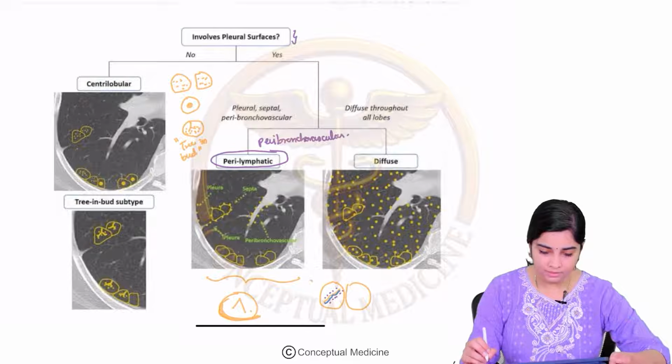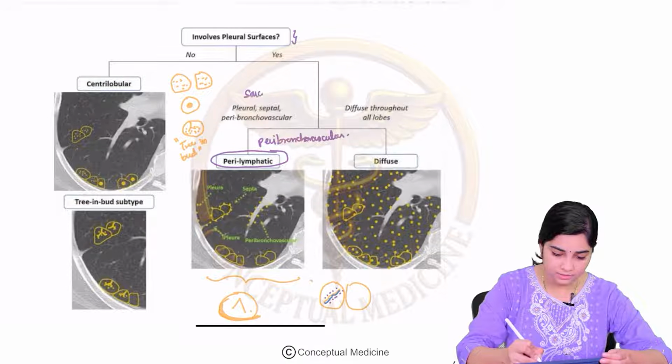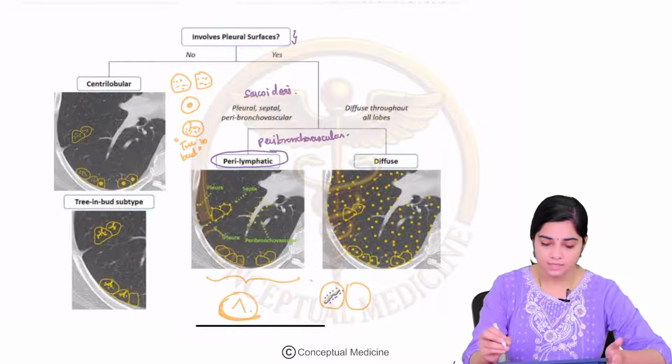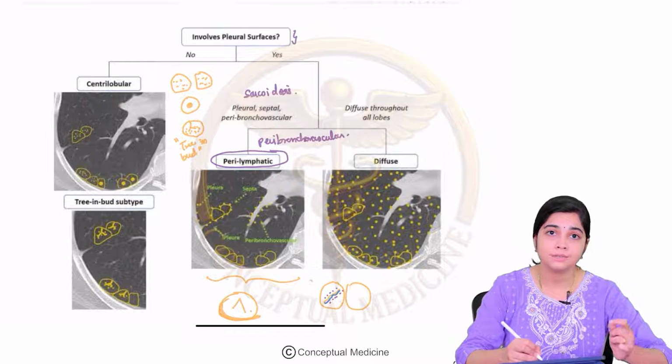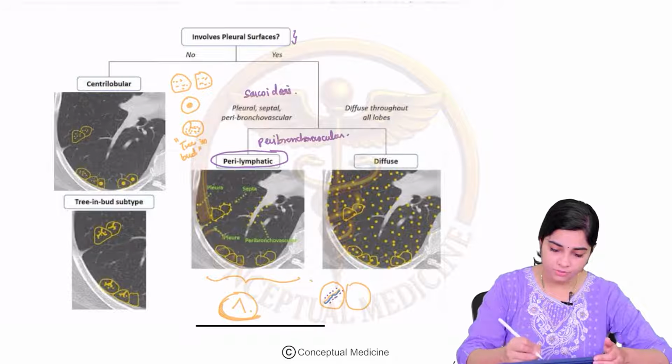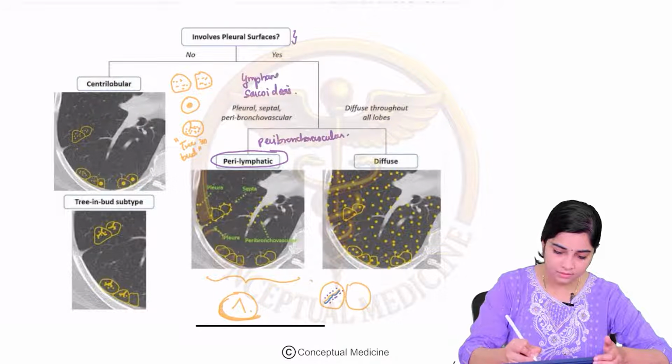in two important conditions. It is seen in sarcoidosis, and it is seen in a very important condition which is called lymphangitic carcinomatosis.